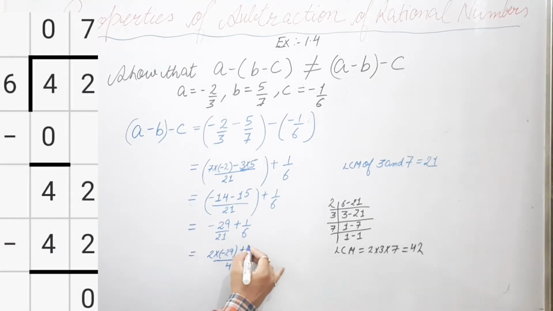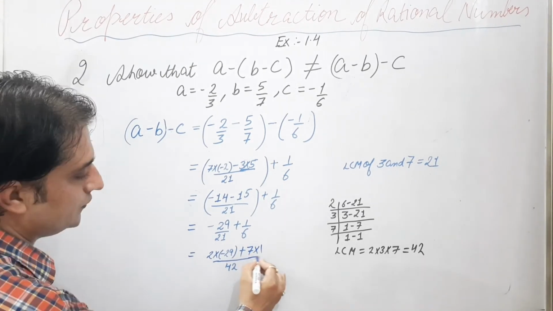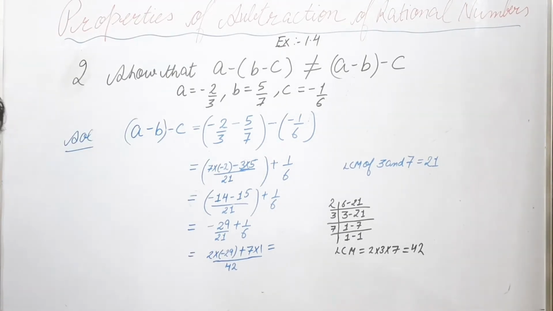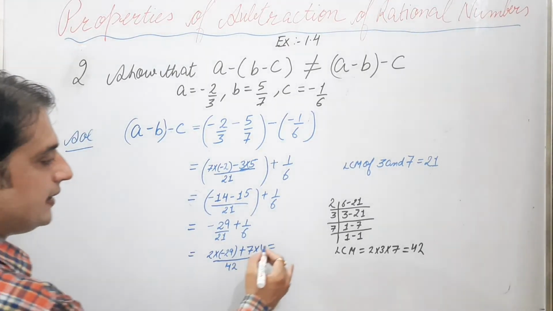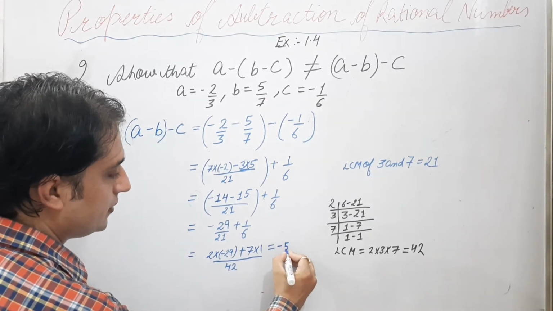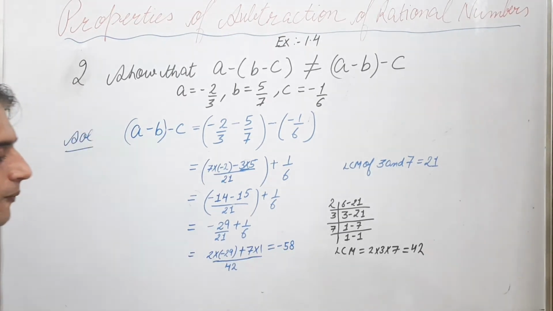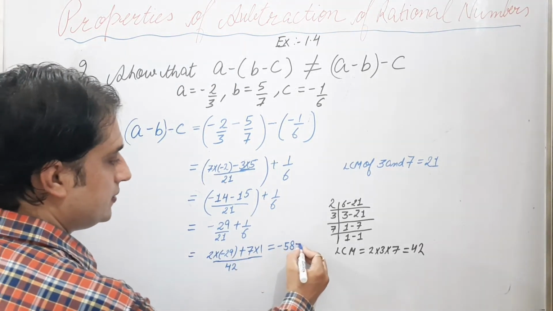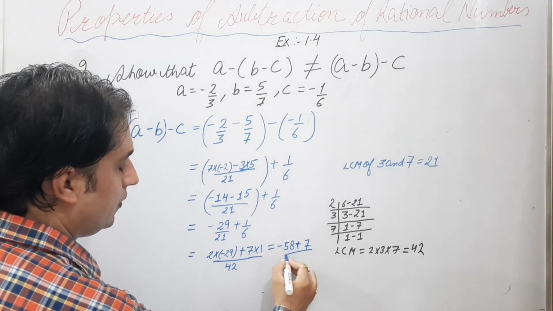So 7 multiply 1, right. So this is, solve it. 2 multiply 29, that is minus 58 because again the two numbers are of opposite sign. 29 1s are 29, 29 2s are 58, plus 7 into 1, 7 upon 42.